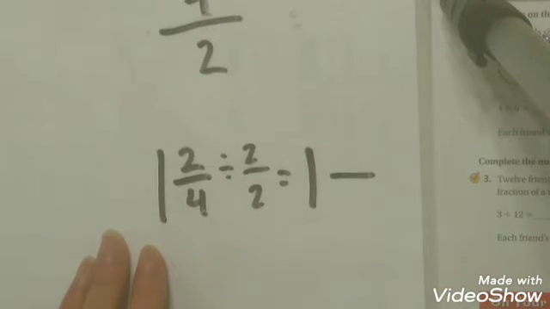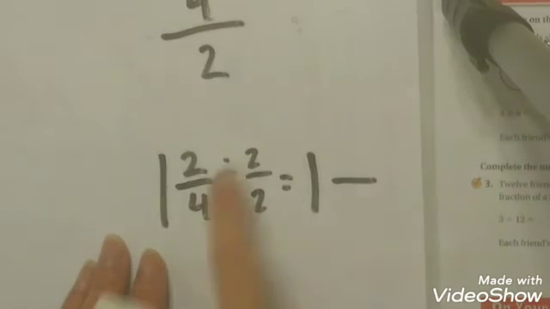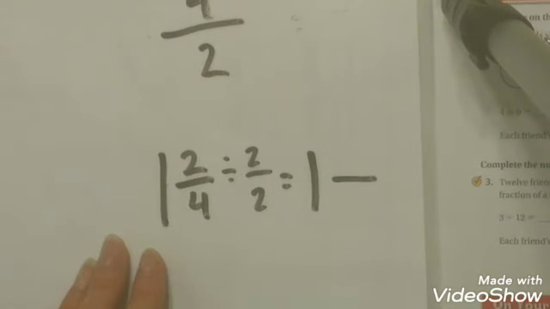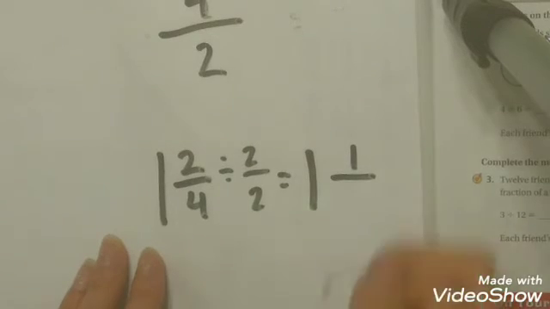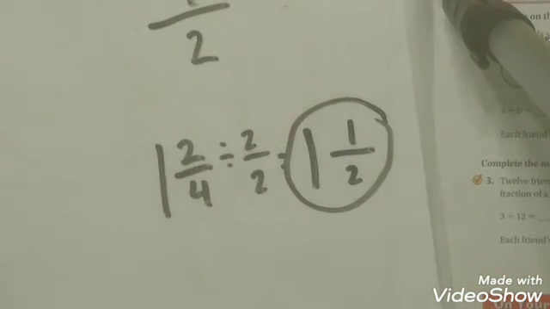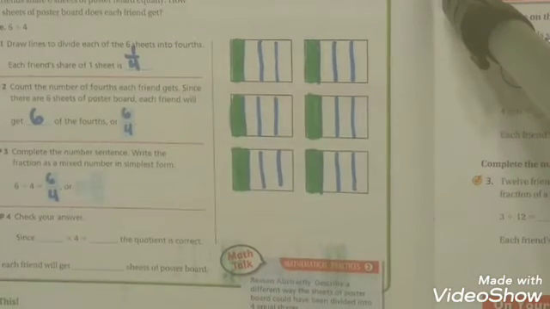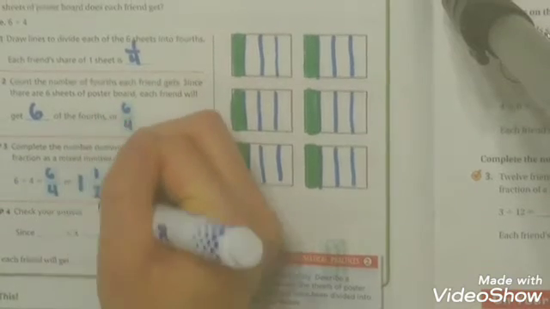Remember, when I'm simplifying, I don't need to change my whole number, just the fraction. So 2 divided by 2 is 1, and 4 divided by 2 is 2. That means each friend is going to get 1 and 1/2 pieces of poster board. So I'm going to fill in 1 and 1/2 here.